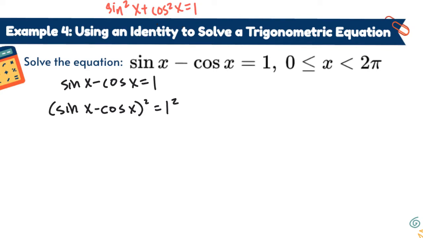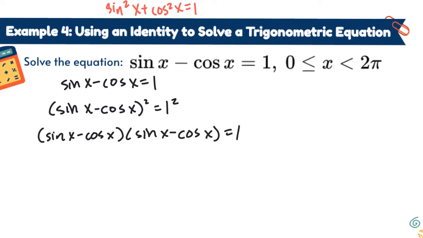Now remember, my goal is to get everything either in terms of all sine or in terms of cosine. Now, when I have sine x minus cosine x squared, that's really sine x minus cosine x, sine x minus cosine x, and 1 squared is 1. Now I can use the box method or the FOIL method and multiply all of these terms on the left.